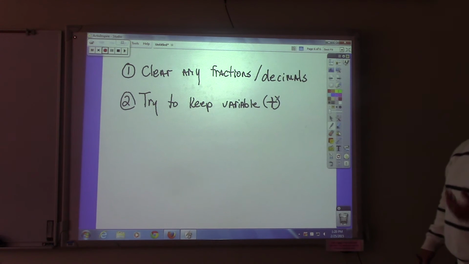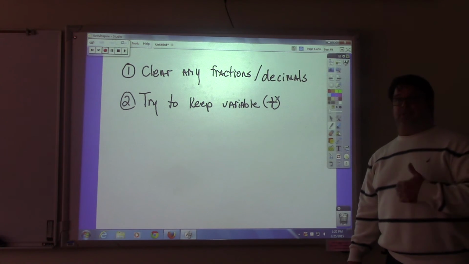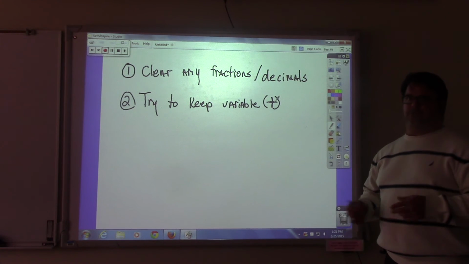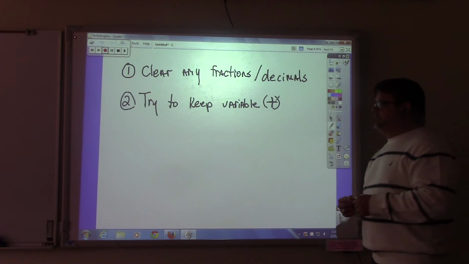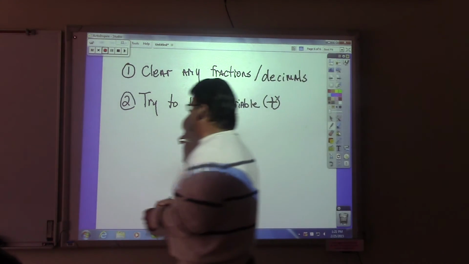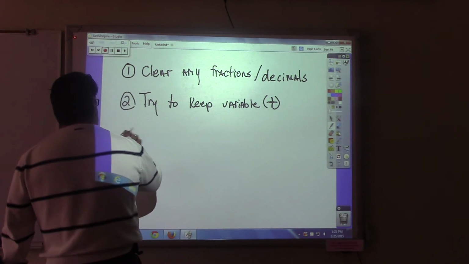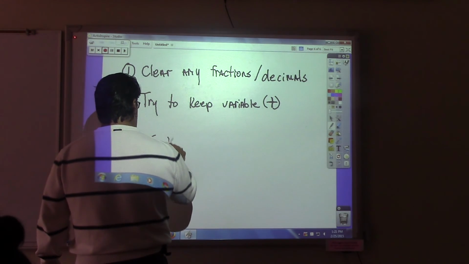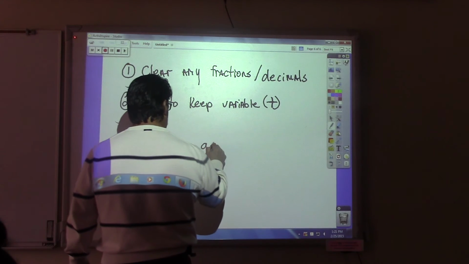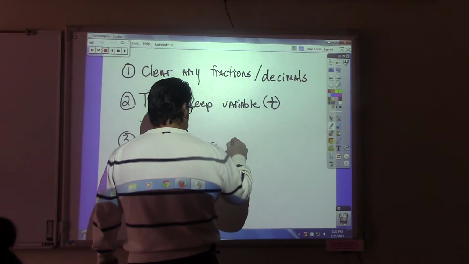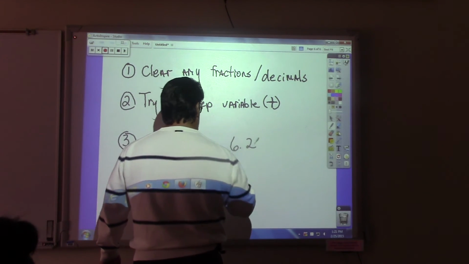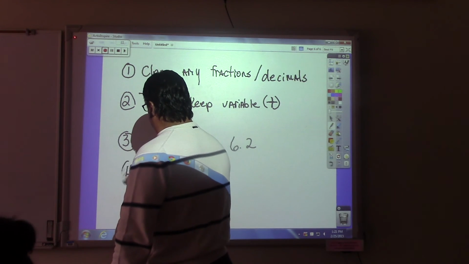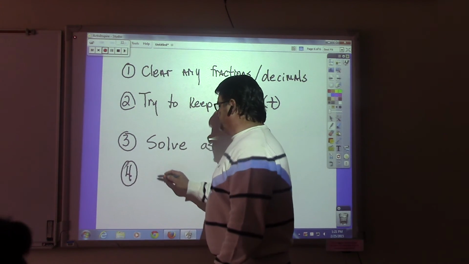That's the only time you will see me deal with a negative variable, when there's no other alternative. 3. And this is when you get the answer. Solve as 6.2. 4. The fourth is the most important part.